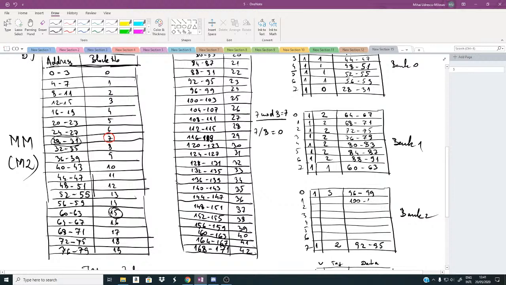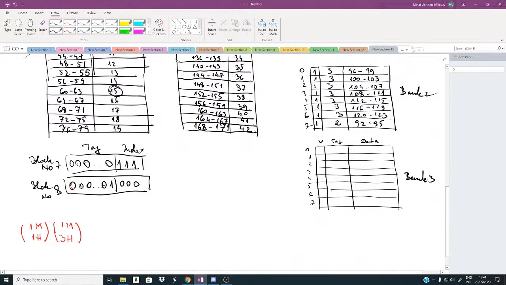So 100 to 103, 104 to 107, 108 to 111, 112 to 115, 116 to 119, 120 to 123, 124 to 127, and then 128 to 131.